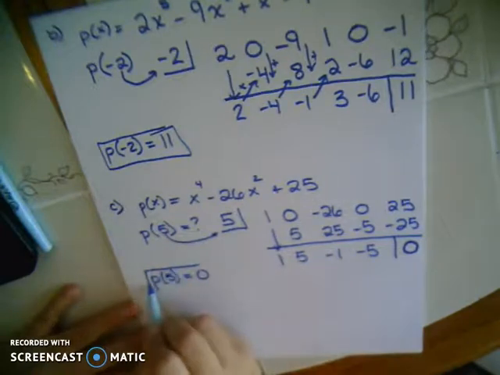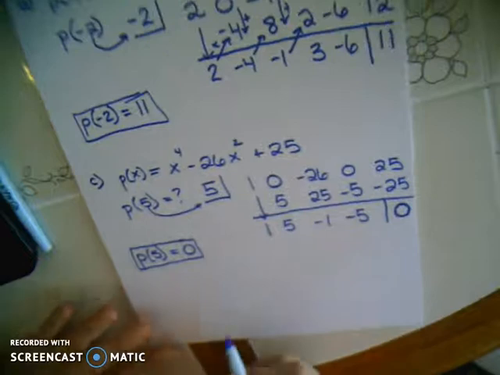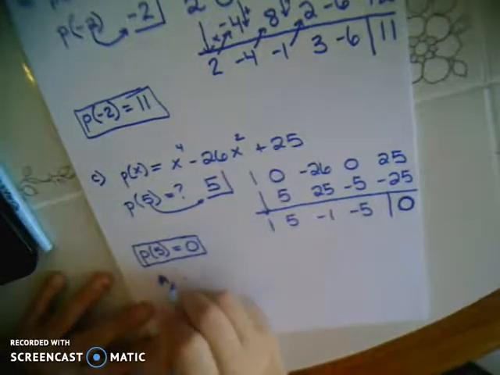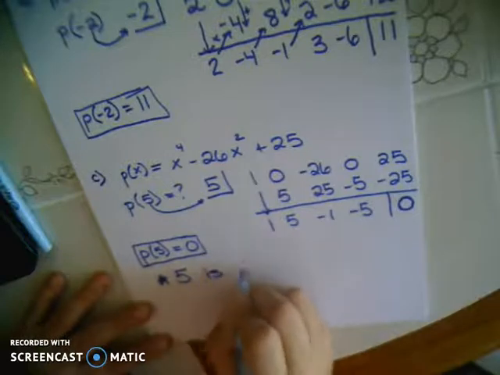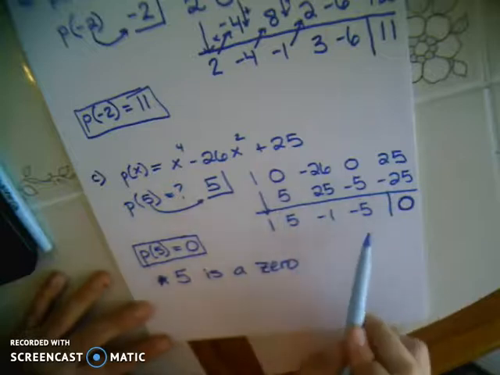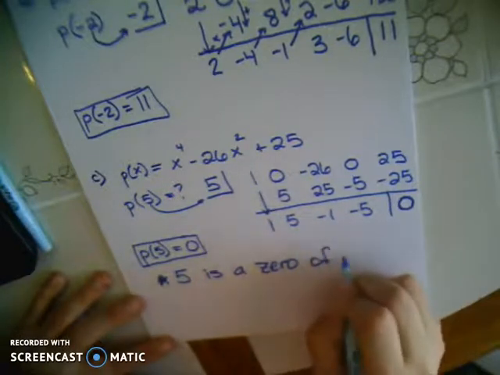That's all we were asked to do, but this is really important. Having a remainder of 0 is really, really important. What this means is 5 is a 0. 5 is a number that when we plug it in, gives us an output of 0. That means 5 is a 0 of P of x.